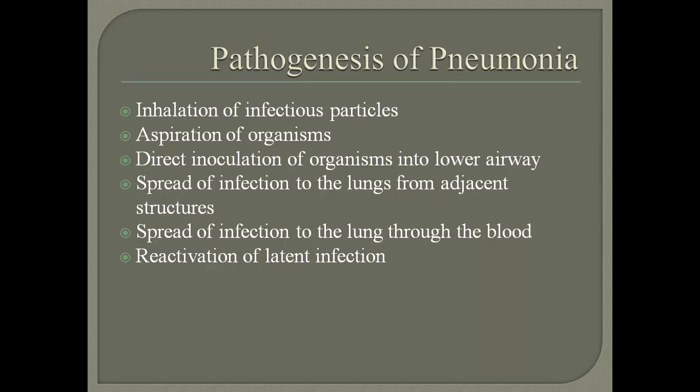We can have direct inoculation of the organism into the lower airways. Doesn't happen very often. It can be spread from adjacent structures, meaning a patient has a sinus infection. Those sinuses drain in the back of the throat, and then those wind up in the respiratory tract.